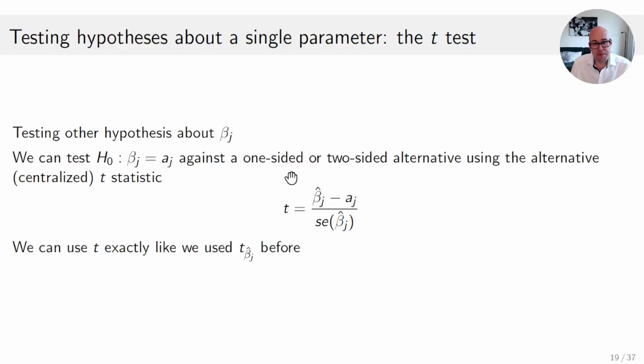The one difference is that we would not use the ratio of the coefficient estimate and the standard error. We would first subtract this value a_j, as usual when one does these simple tests in statistics. So you might have seen this before. But the idea is exactly the same as before.